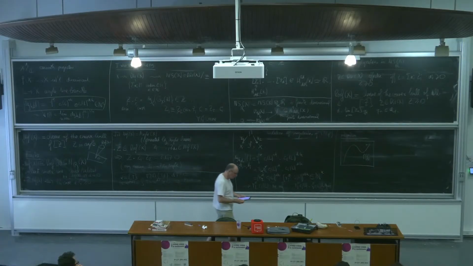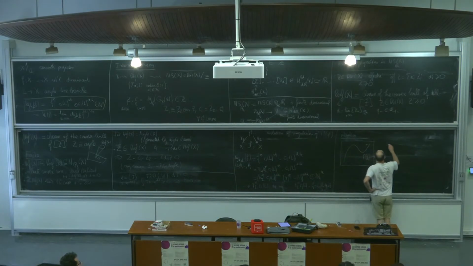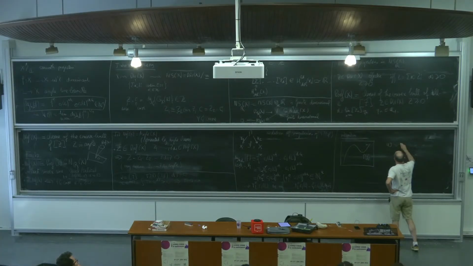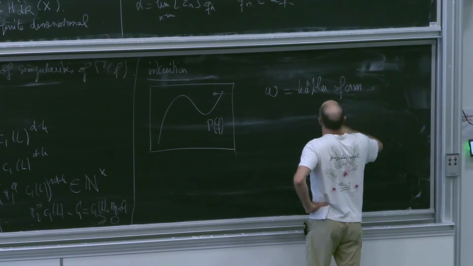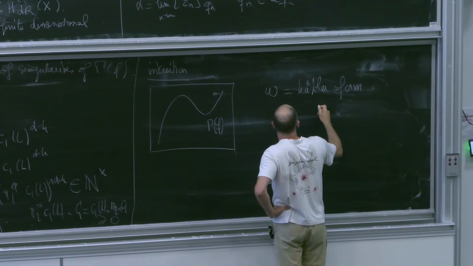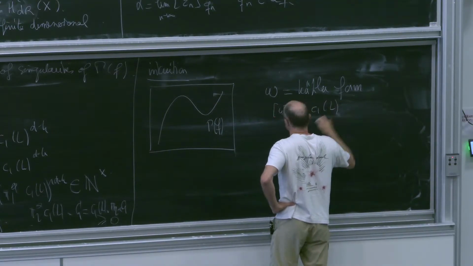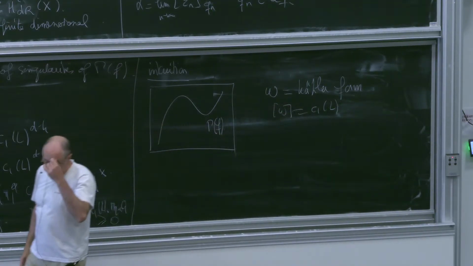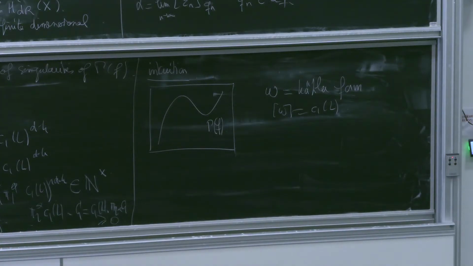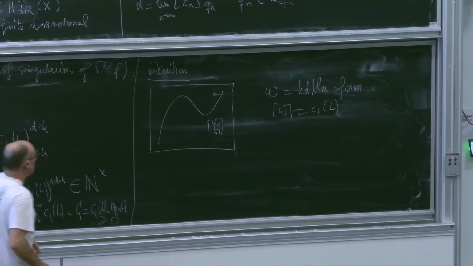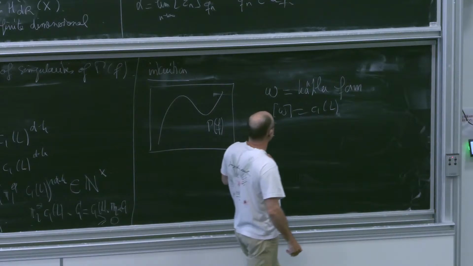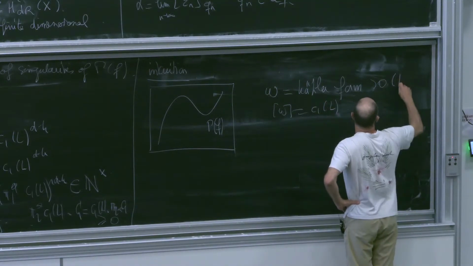In which sense? Again, I'm going to use some complex geometry. So look at the Kähler form, let's say whose class is the same as c1 of L. So how do you do that? You put a positive metric on your favorite ample line bundle. And then this Kähler form is a positive definite closed (1,1)-form.